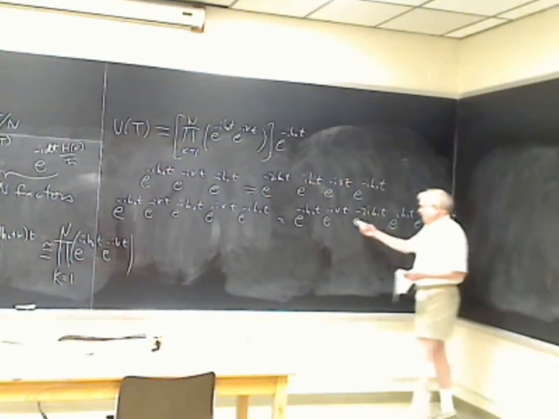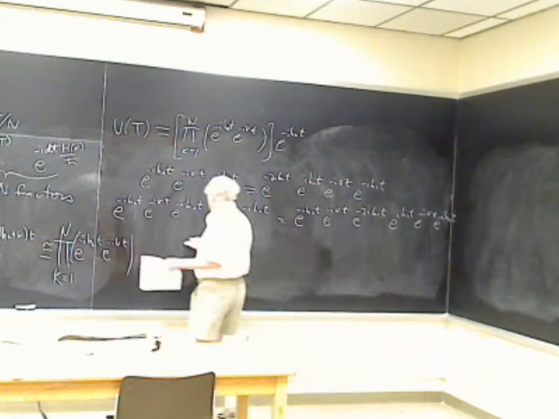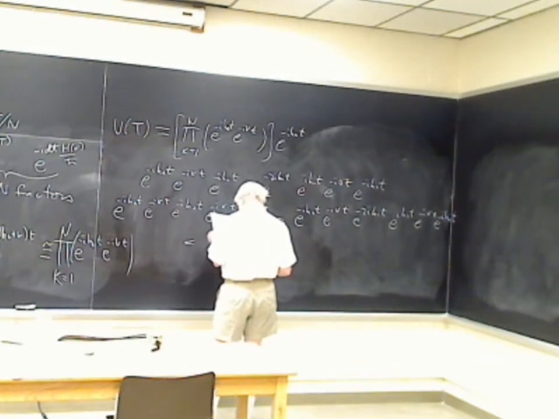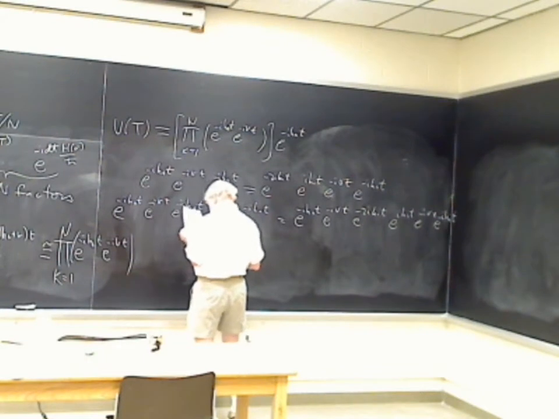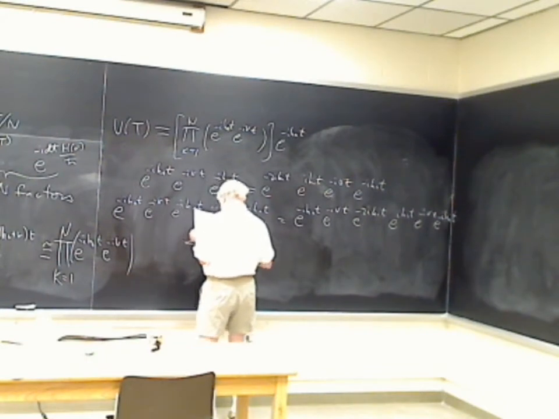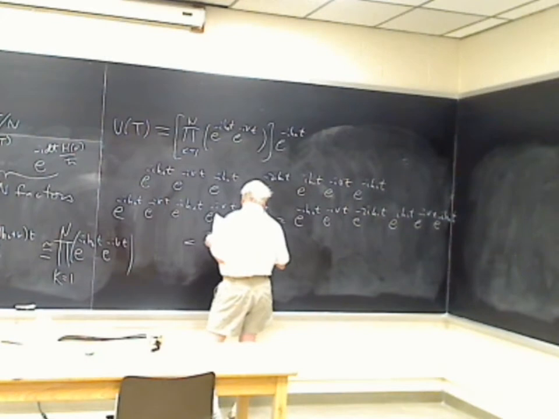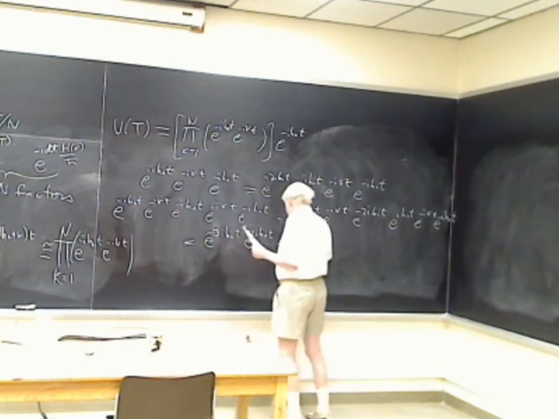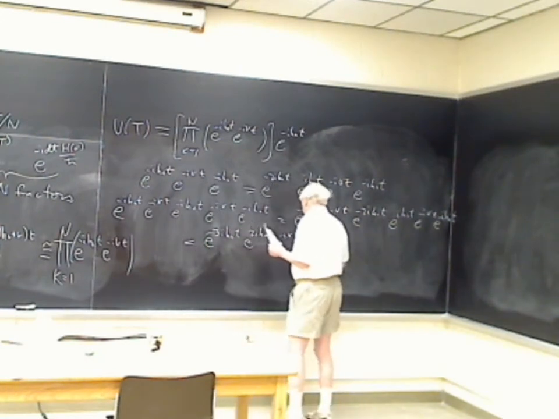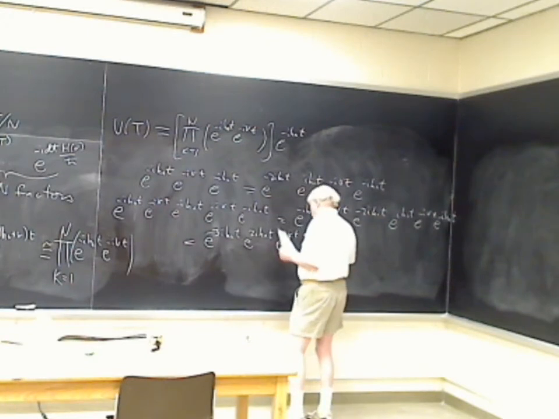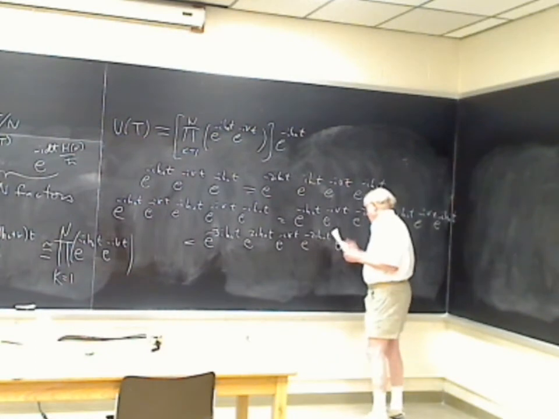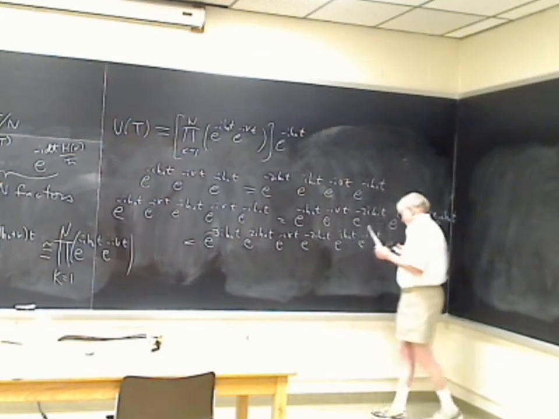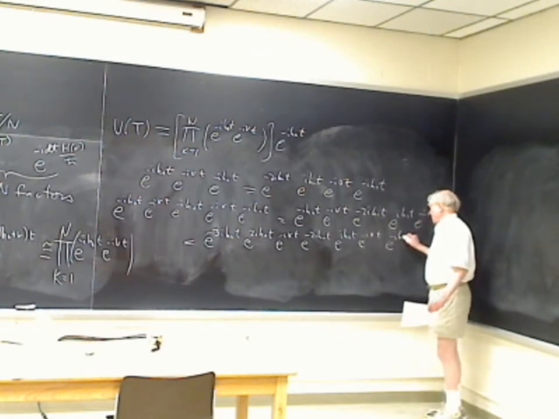Now we have one more little trick here. Namely, we write this as e to the minus 3i H0 t, e to the 2i H0 t, e to the minus i V t, e to the minus 2i H0 t, e to the i H0 t, e to the minus i V t, e to the minus i H0 t.